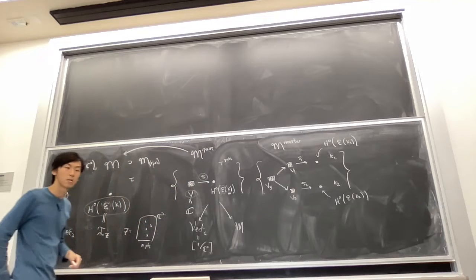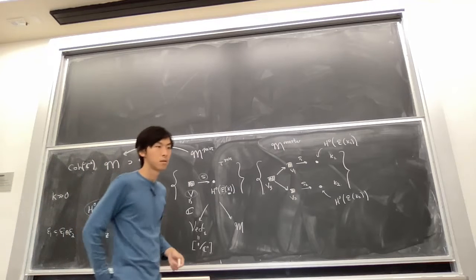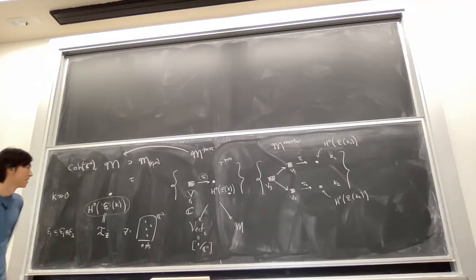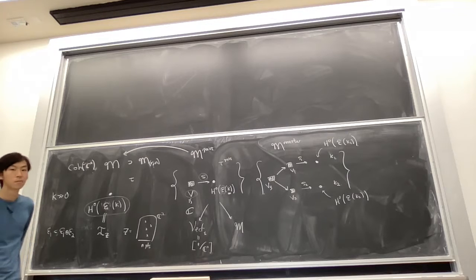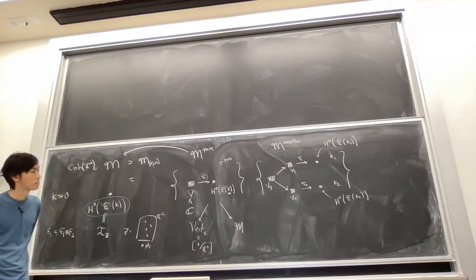Maybe another way to say it: how does one do this abstractly? You start with something like this. Yeah, that's right. Take a global section, then go to the module of the algebra, and then the module of the sheaf.